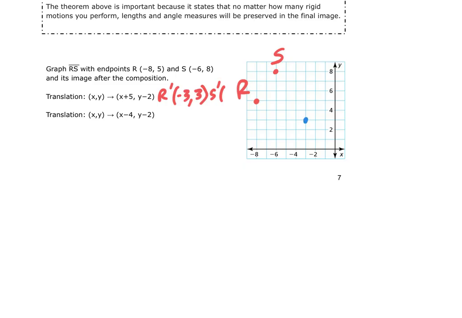Okay, and then we're going to do it to S. If I move it 5 to the right, -6 plus 5 would be -1. 8 minus 2 would be 6. There would be R prime, S prime.